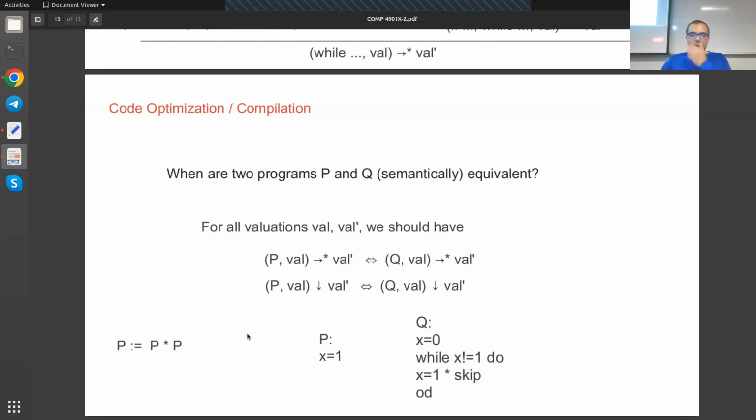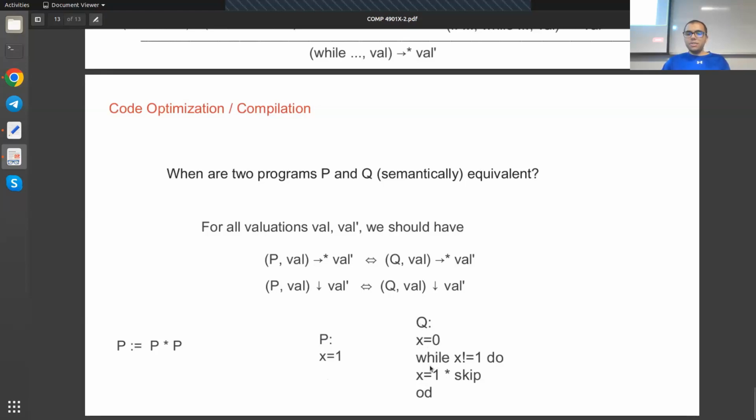So here's the thing. If I take this definition, no matter what my initial state is, P is always going to terminate, and it's always going to terminate with x equal to 1. Right? So my val prime is always going to map x to 1. Now, the same thing happens with Q. If Q terminates, and look, what does Q do?